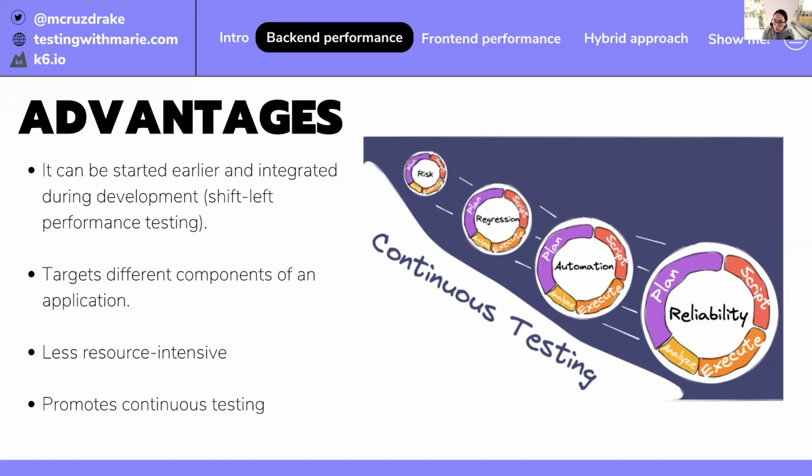Another advantage when it comes to backend performance testing is that it allows you to target different components of your application. So you don't always have to do end-to-end testing. You can independently test different API endpoints, and then check if it can accept specific user flows when it comes to the number of virtual users and the number of iterations that each user can do.